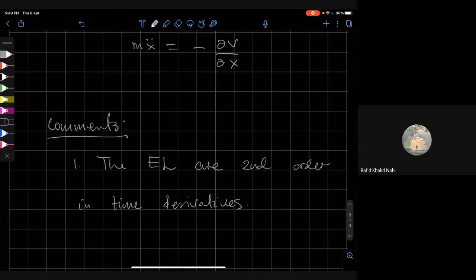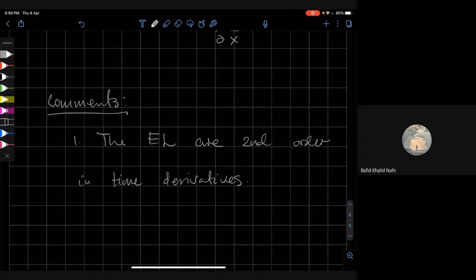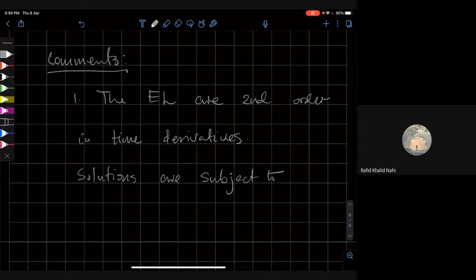Therefore the solutions are subject to boundary conditions, which means you have to specify positions and velocities, right? Just as we know about Newton's equation.